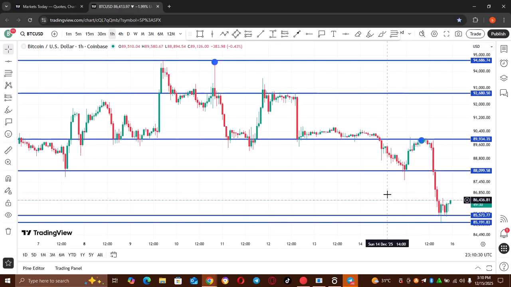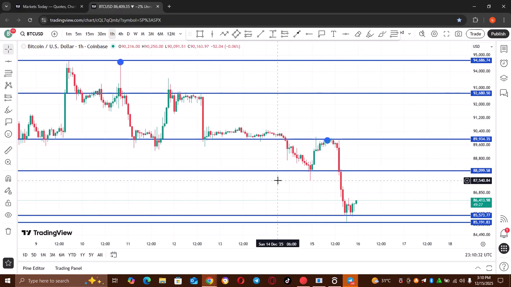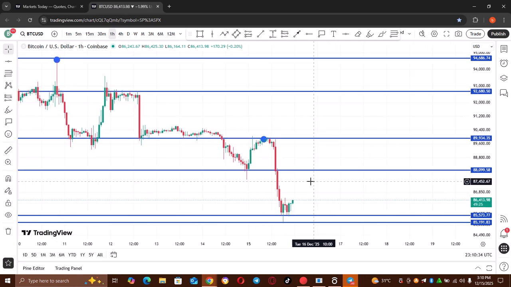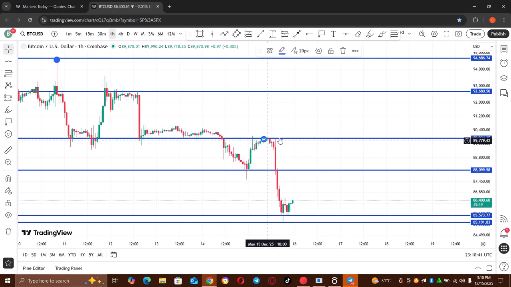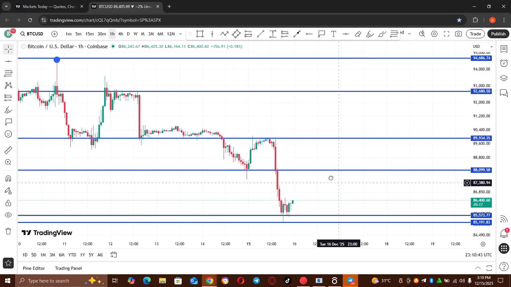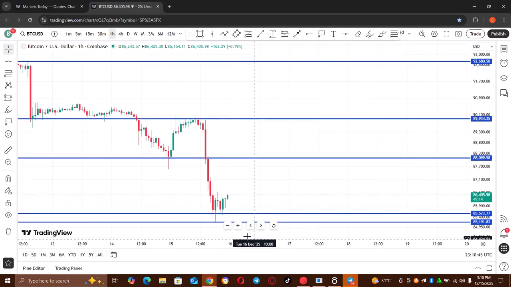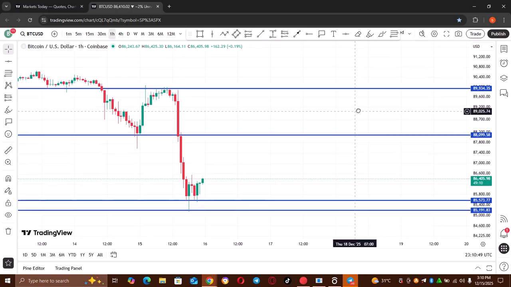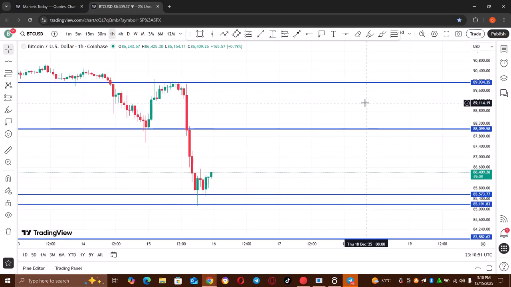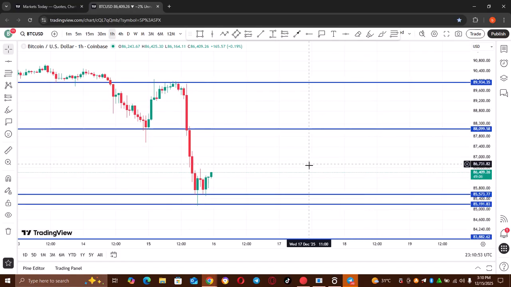So now we move to the 1-hour time frame. On the 1-hour time frame, we're going to see if there is any adjustment that we need to make about the zone, then we're going to do it.